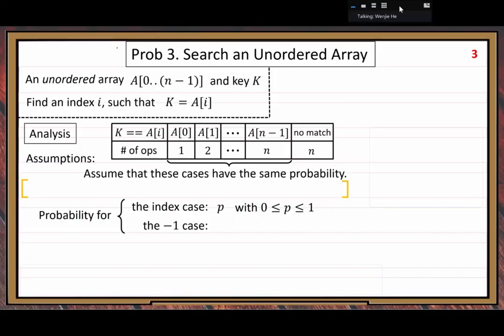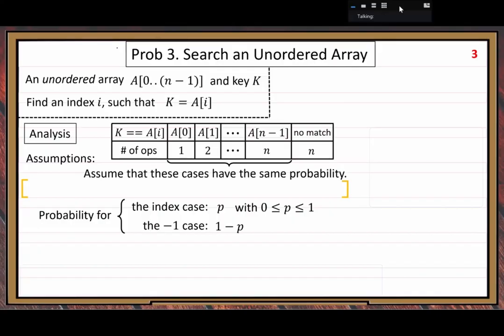Then the other one is the complementary part, so its probability is 1 minus P. No match case, 1 minus P. So with these two assumptions, now we are ready to calculate the overall efficiency in a fair way, with these numbers, in the last round of calculation.